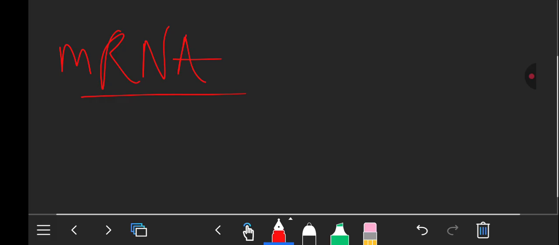Okay? So the mRNA carries the genetic information, and it also directs the synthesis of proteins. You need to understand that. So it translates the nucleotides to amino acids. That is the function of mRNA.